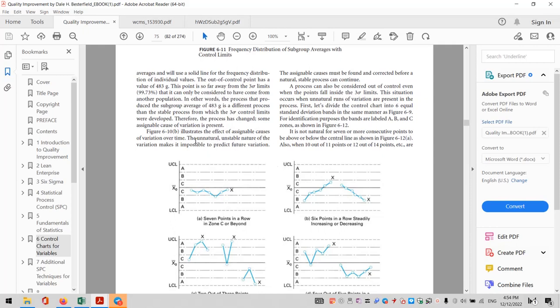So we can categorize it as a natural, stable nature of variation that makes it possible to predict future variation.